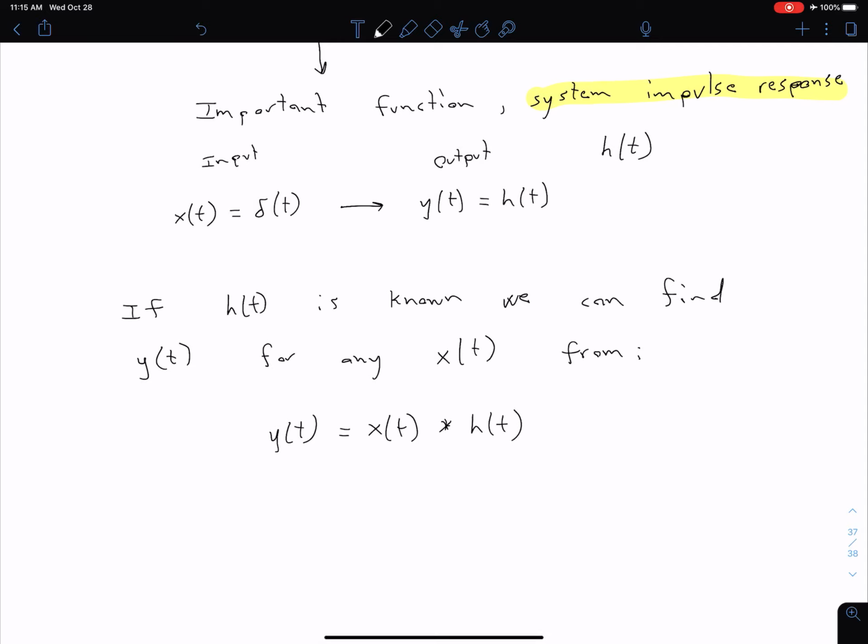So using this convolution, we can find our output for any given input.